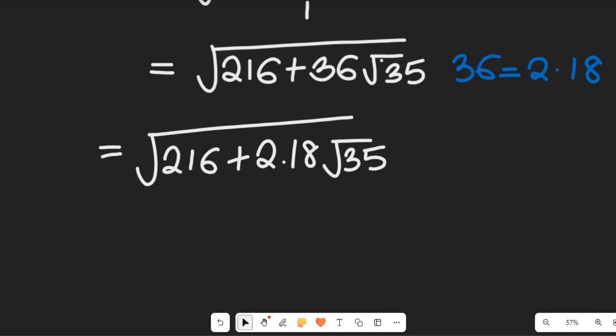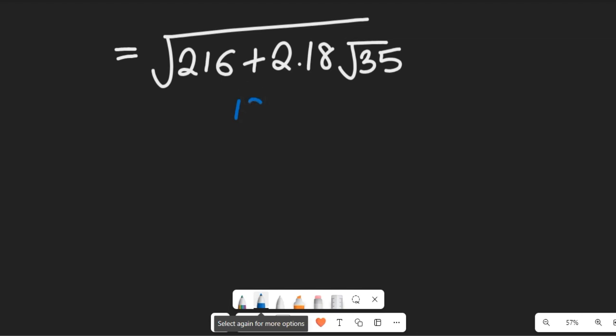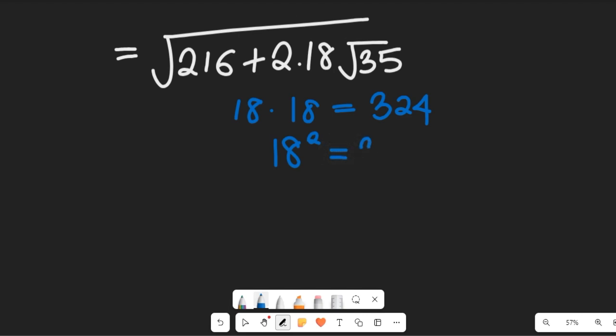Great. Having done that, I can still do my expansion further, because if I do my calculations, 18 multiplied by 18 gives me 324, right? If I go ahead to find the value of 18 squared, that is the same thing as 18 times 18, 324.